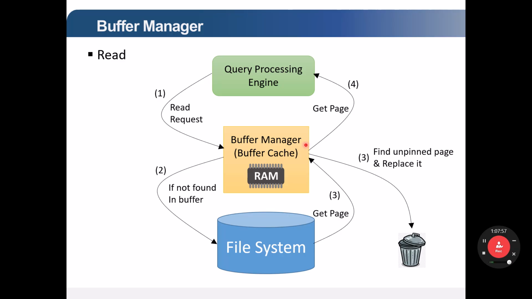We should keep it in the buffer cache. Only if the page is clean, we can delete it from the page cache. So for that purpose, every page managed inside this buffer cache will have some additional metadata indicating whether this page has been updated or not.